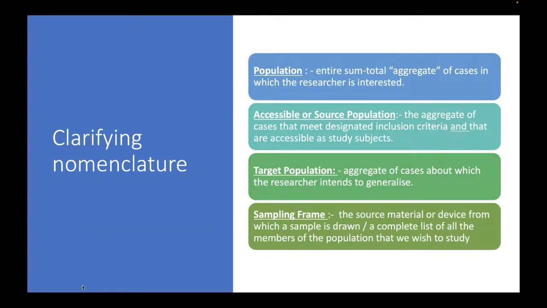Then the last concept or term that's spoken about in sampling is this term that they refer to as the sampling frame. Now, that is defined as the source material or design from which a sample is drawn. In essence, when I say sampling frame, I'm talking about the complete list that gives you the details of all the members of the population that you wish to study.